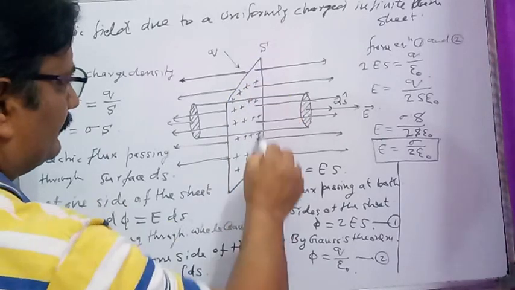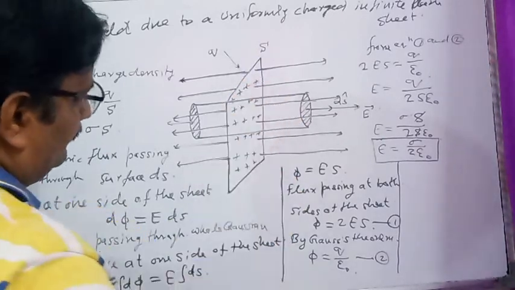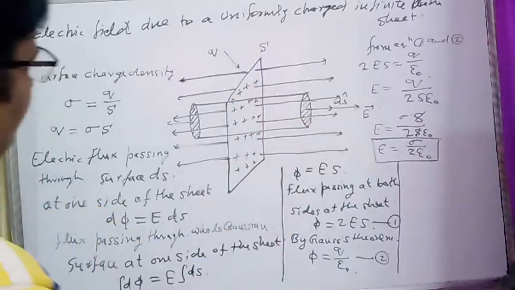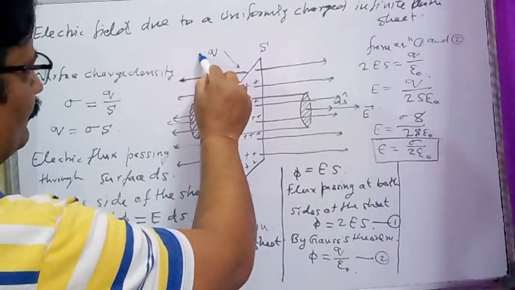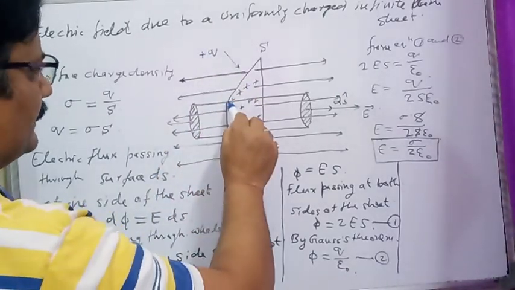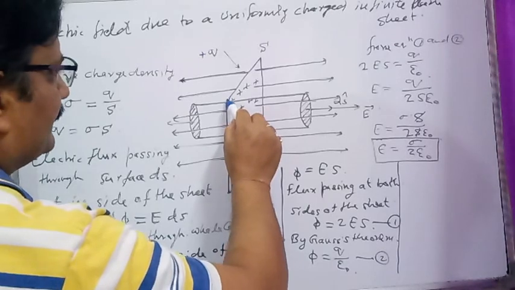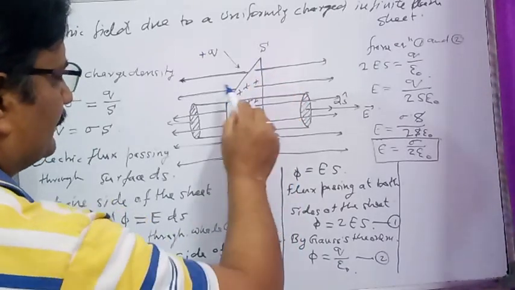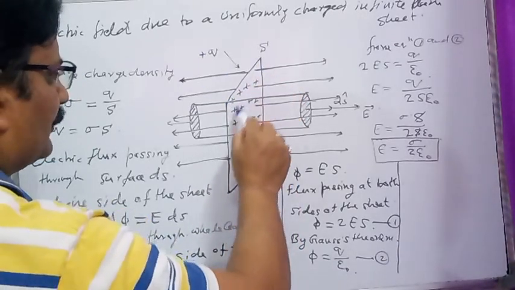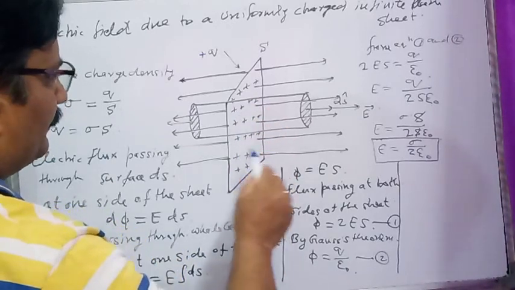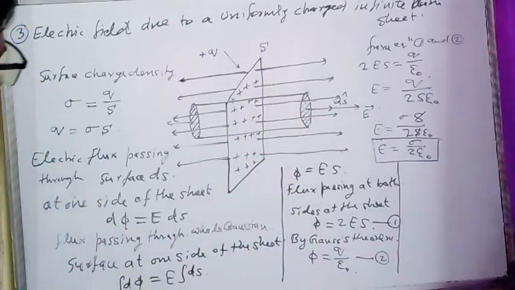Suppose this is a plane metallic sheet and it is given some amount of charge plus q, and that charge spreads over the surface of this sheet uniformly. Here you can see the charge is positive. These positive charges are distributed uniformly over the plane sheet.